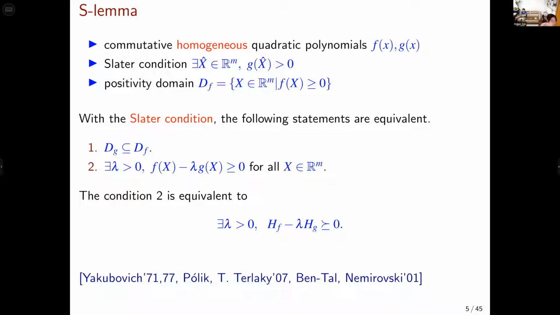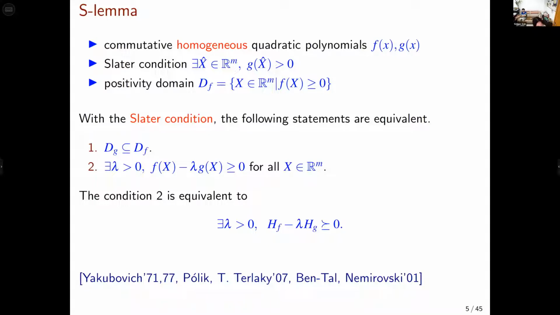The conclusion is, with the Slater condition as an assumption, the following 2 statements are equivalent. Condition 1 is that the positivity domain Dg is included in the positivity domain Df. And condition 2 is that there exists a positive real number lambda such that the polynomial f minus lambda g is non-negative for all x.